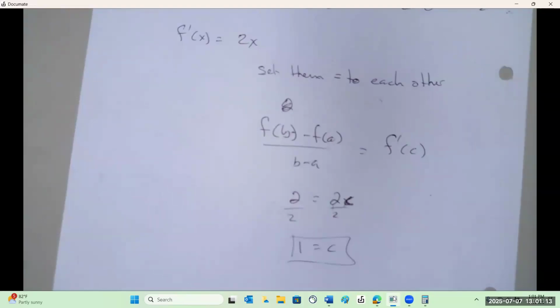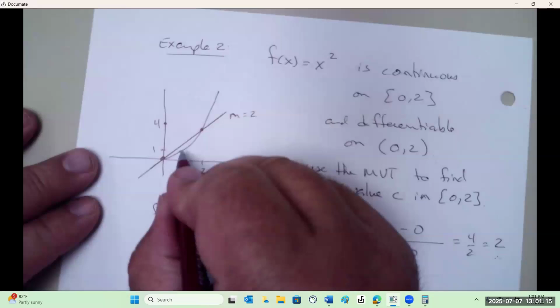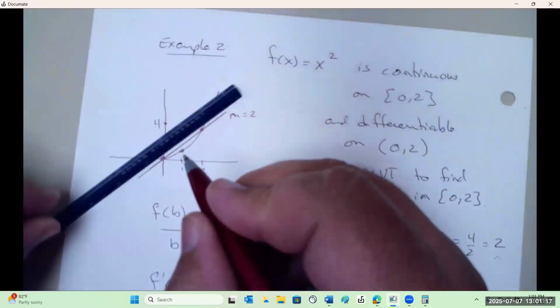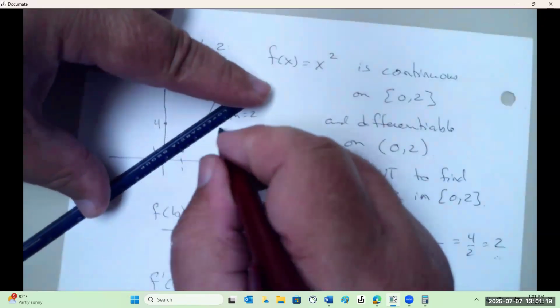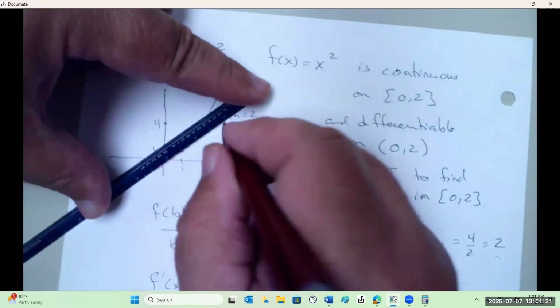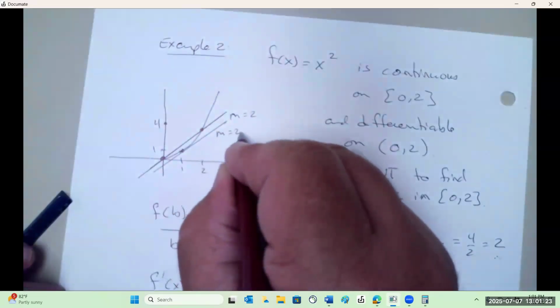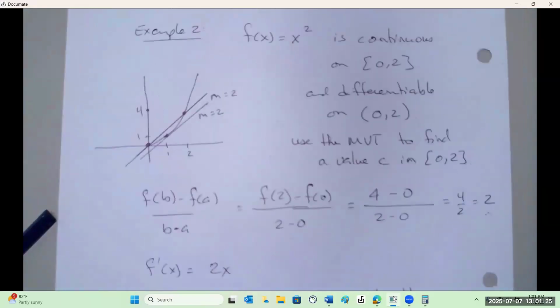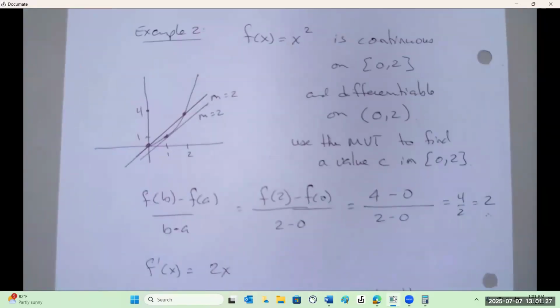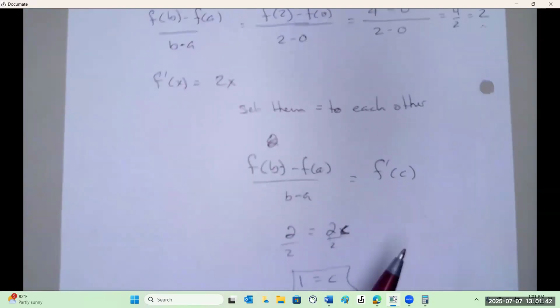Whenever x equals 1, it will have the same slope as that curve. That's what it's telling us. Any questions so far? The hardest part is just the algebraic part. It's just do both slopes.